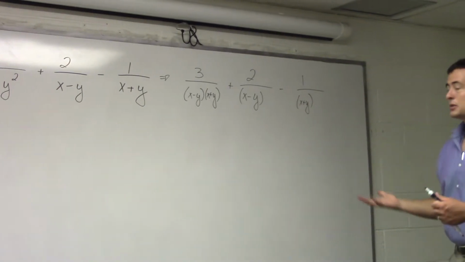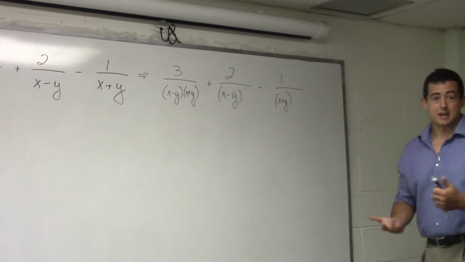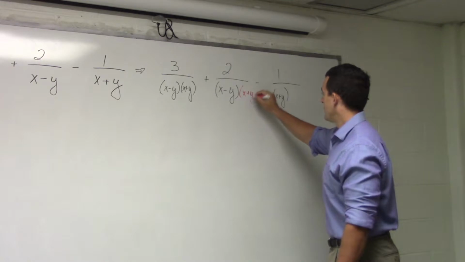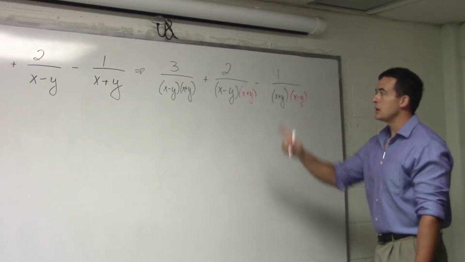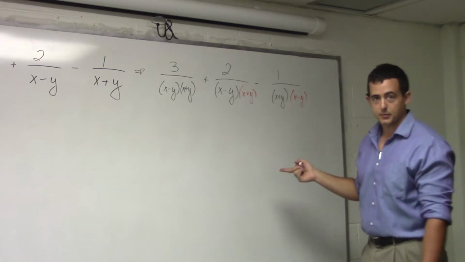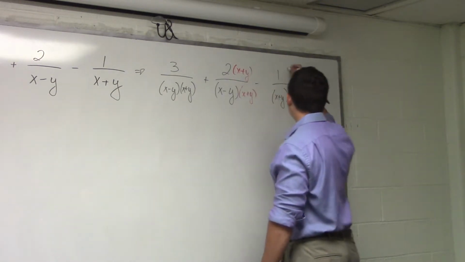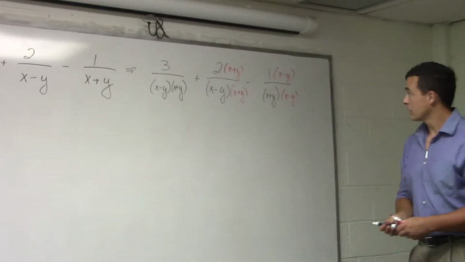And then, usually with a problem this big, the common denominator won't be terrible to figure out. You can multiply by x plus y here, and multiply by x minus y here, and that will make the denominators all the same. Don't forget that if you do the bottom, you have to match it in the top, like so.